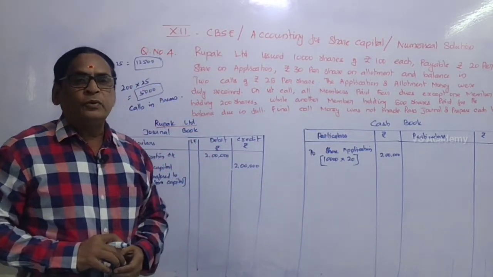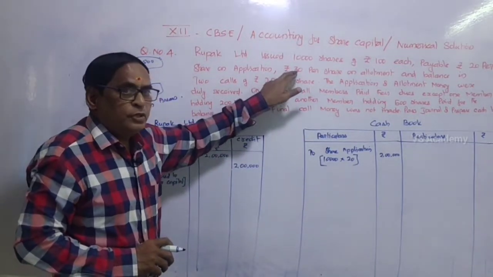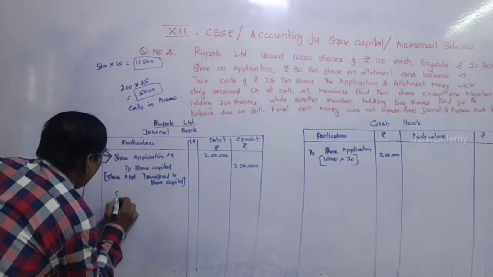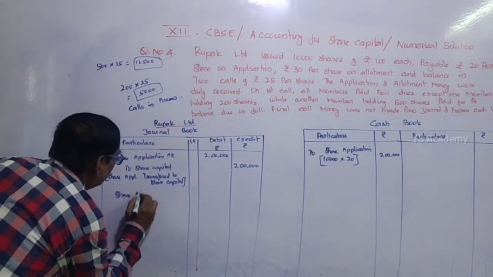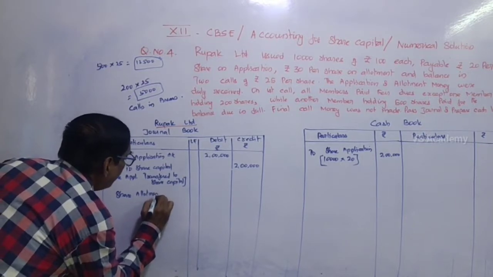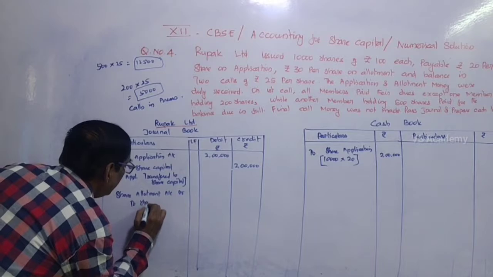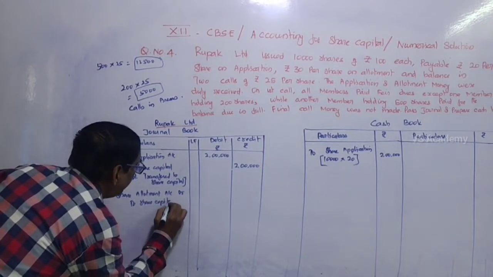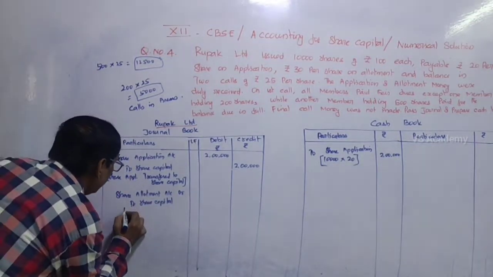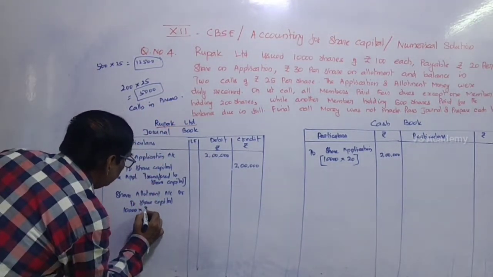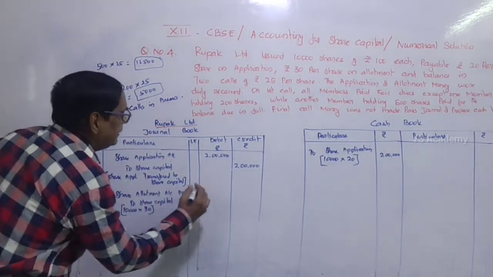And then next one is rupees 30 per share on allotment. That is a due amount. We have to pass due entry. So it has to be passed in the journal book. So share allotment account debit to share capital. How much? 10,000 shares into 30 rupees. That means 3 lakh rupees will be entered here.